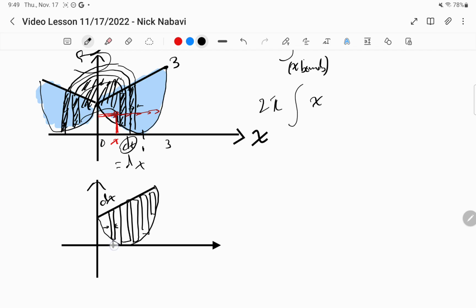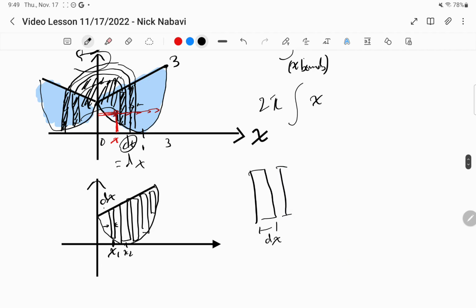So we can just say that it's x1, x2, and so on. So at this x1, what's the height of this cylinder, right? What's the height of the rectangle at that x? So just zooming out, this is dx, and then what's the height?